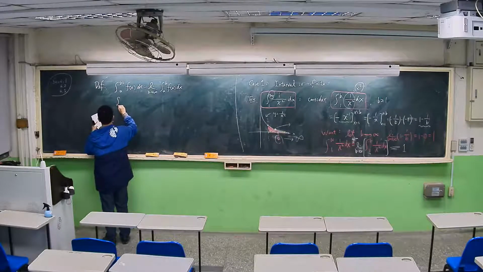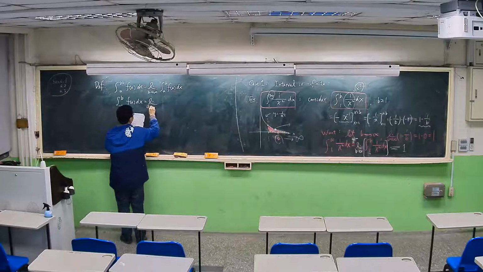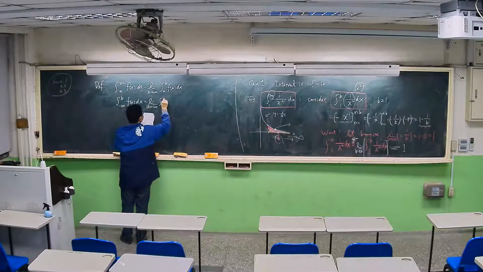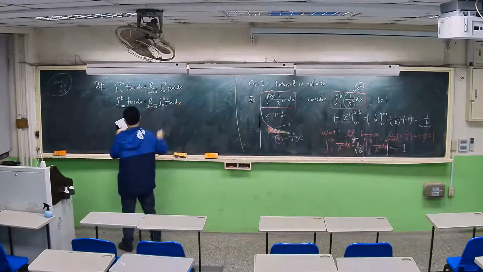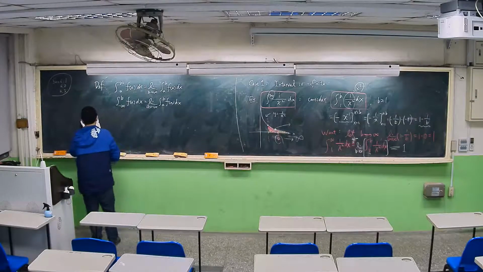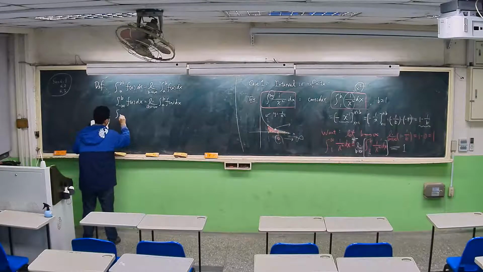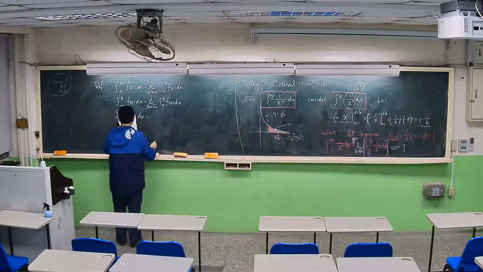Here it is from negative infinity. In this case, we also can define it this way: the limit as a approaches negative infinity. And for negative infinity to infinity, we define it separately.